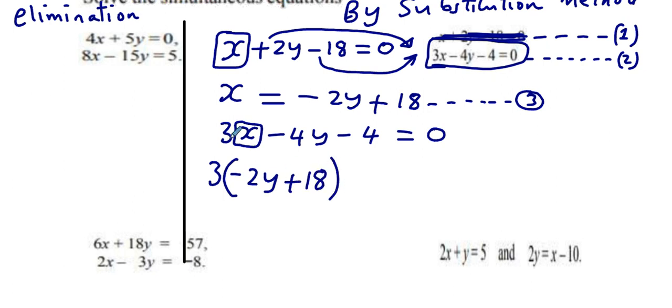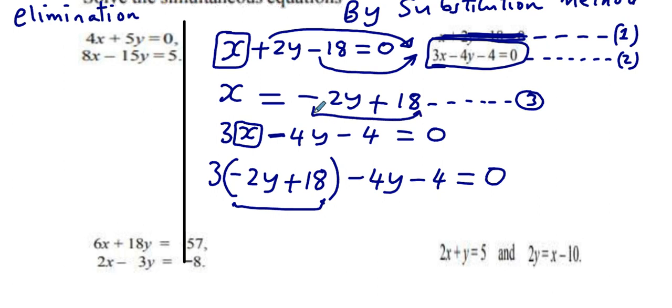Can you see that? So 3x, I'll be writing negative 2y plus 18. Then 3x minus 4y minus 4 equals 0. This is my x, which I got here.